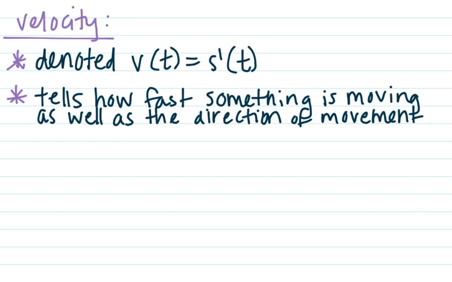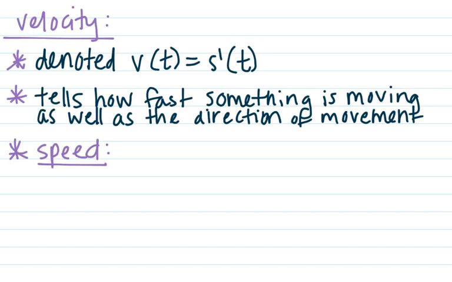Typically when we talk about how fast something's going, we like to use the word speed. However, the speed of an object can't be negative, whereas velocity can. For example, if the velocity is positive, that means we may be going to the right if we're going left and right. Negative would mean we're moving to the left. It could also mean going up and down.